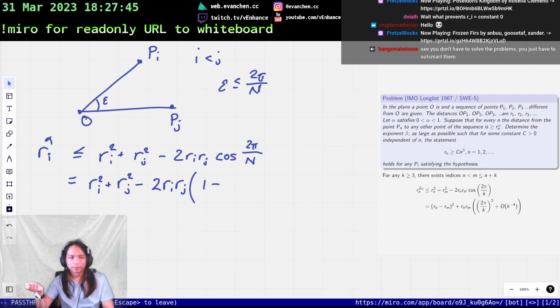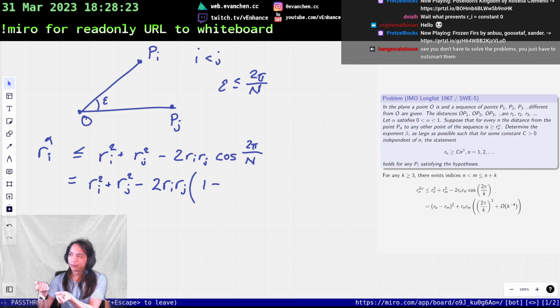Yeah, they just have to be different from O. If all the RIs are 0, then it's real bad. Okay, I'm confused now. I think if you assume the distances Ri are bigger than 0, the issues go away.